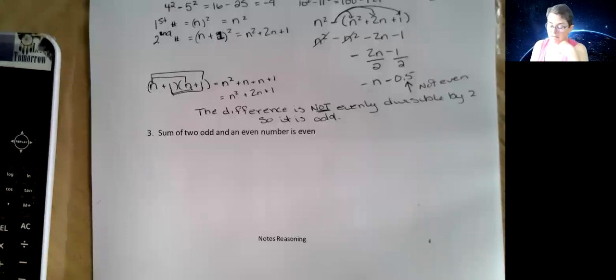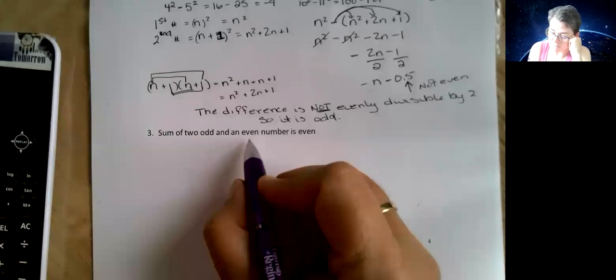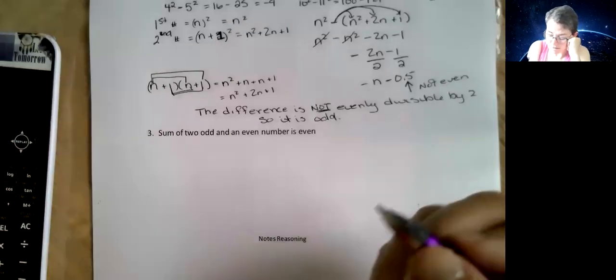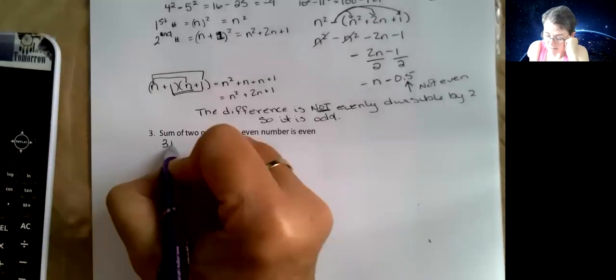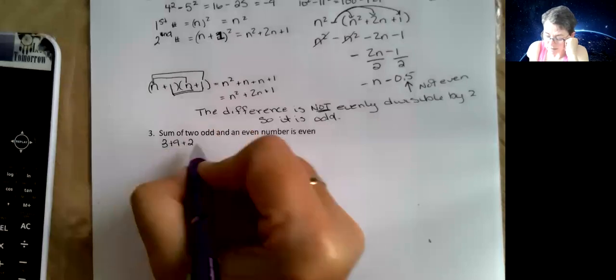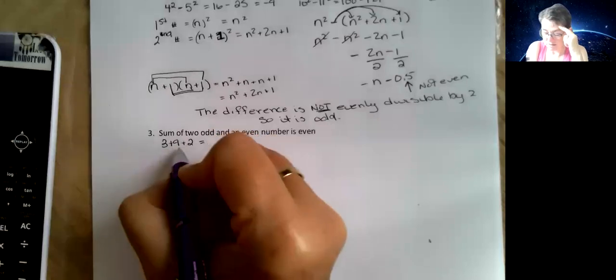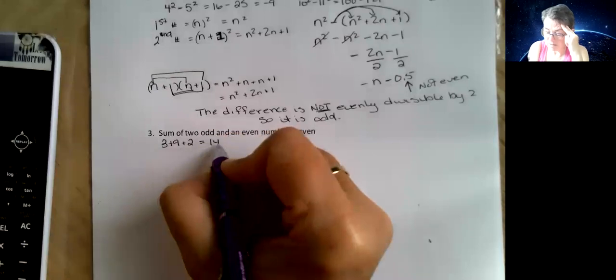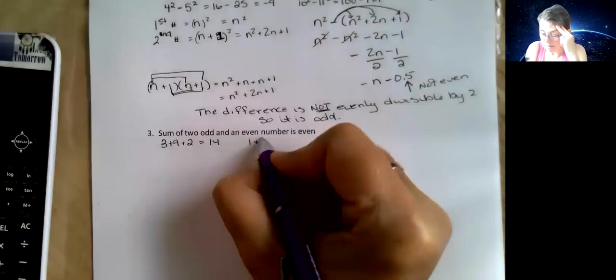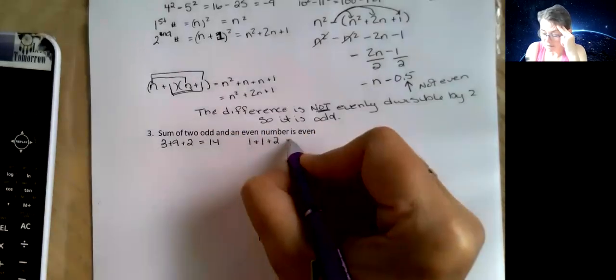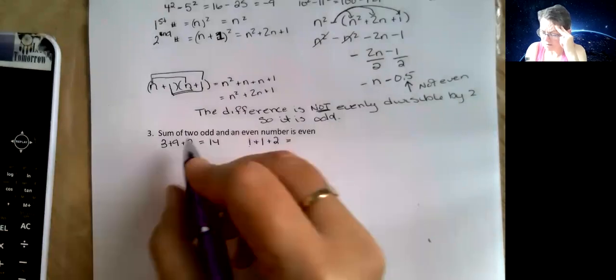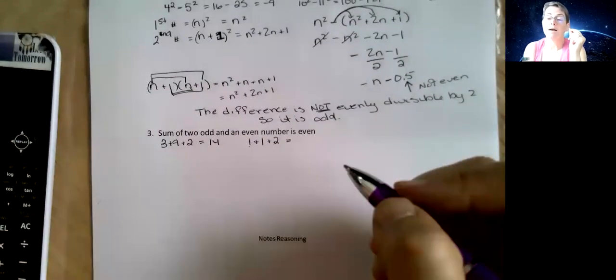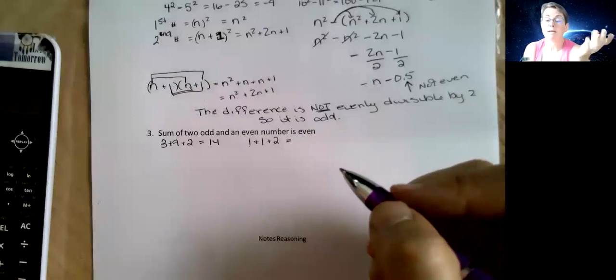All right, let's look: 2 odd and an even number. So 3 plus 9 plus 2. 3 and 9 is 12, it'll be 14. So 1 plus 1 plus 2: odd, odd, even. I was going in whatever order, even though I know order doesn't matter when you add.